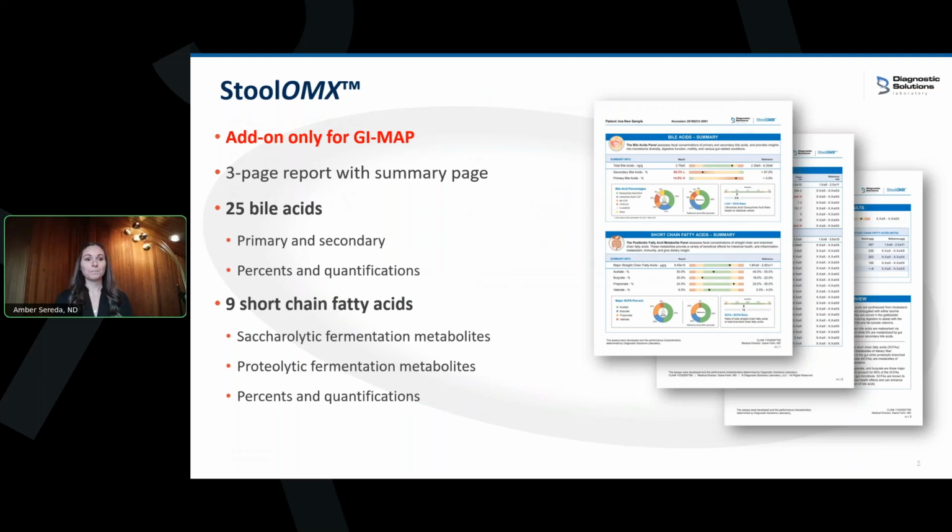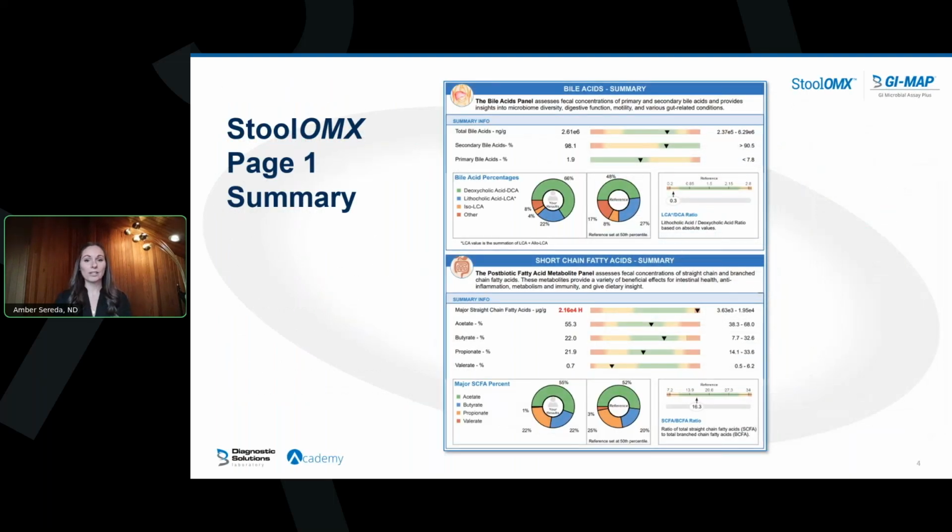So I'm just going to take you through what that looks like, and then we're going to dive in deeper. So page 1 here, this is that summary page I was referring to. The top half is going to reflect bile acids, and the bottom half is going to show us those short chain fatty acids. So here we have the total bile acids, our secondary bile acids, and our primary bile acids.